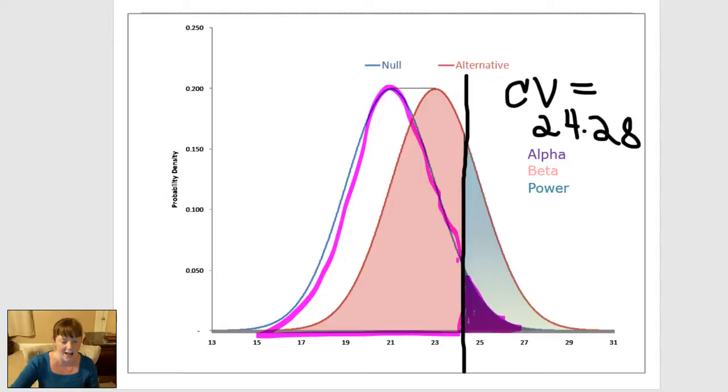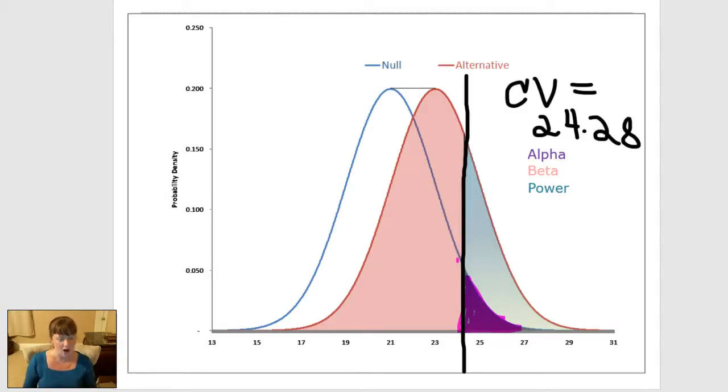But that one critical value of 24.28 also carves up the alternative hypothesis sampling distribution. That sampling distribution that you create under the other assumption that 23 is meaningfully different from 21. And so this one needs its own sampling distribution. And this one critical value of 24.28 carves up this other distribution into two as well.